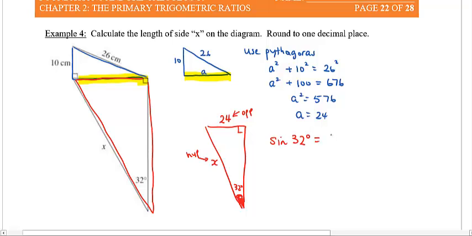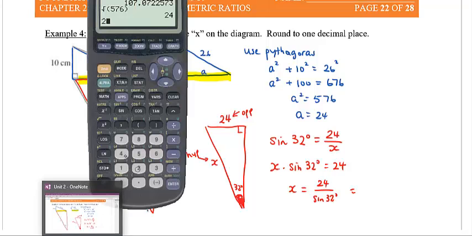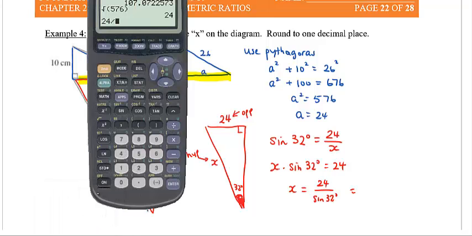Sine 32 equals the opposite, 24, over the hypotenuse, which is x. Cross multiplying again, dividing this time by sine 32. And let's see what the calculator says. 24 divided by sine 32.